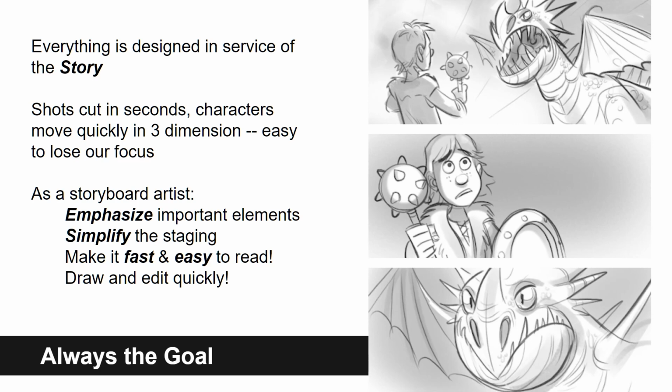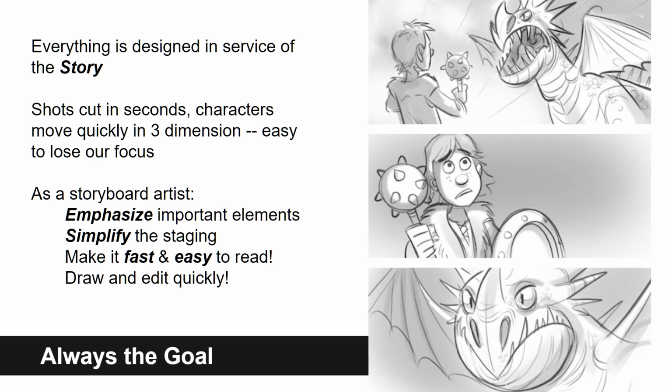With this quick editing and these complex movements and scenes, without proper attention to how shots flow together, it's easy to lose the audience's focus. So as a storyboard artist, we are focusing not just on clarity in what's being told to the viewer, but also on how those parts of the story come together, how one scene or shot follows the next.